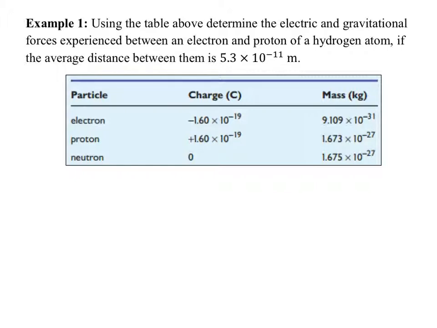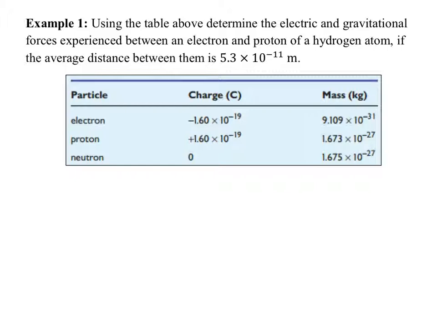A hydrogen atom is just a proton in the nucleus with an electron orbiting it. There's no neutron involved. So the question is, how does this hydrogen atom stay together? How does it not want to repel? So let's figure out what the forces that exist between them are in this scenario.